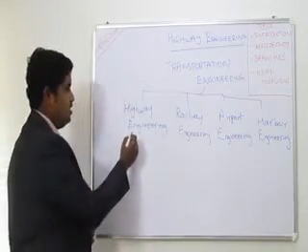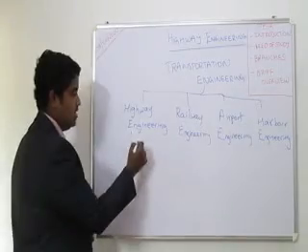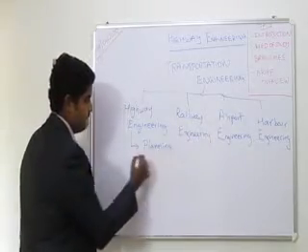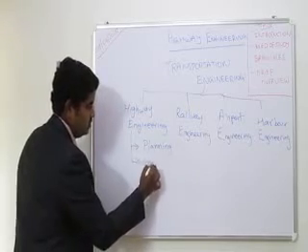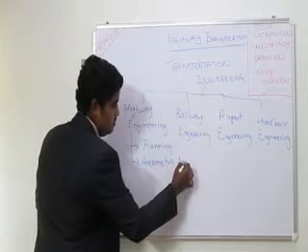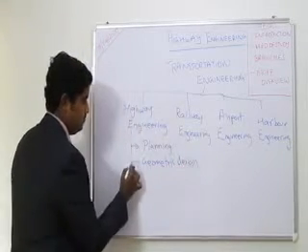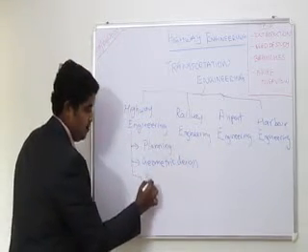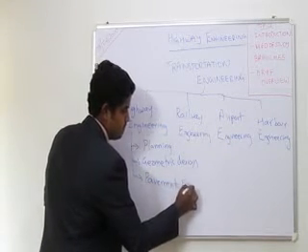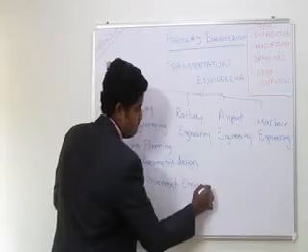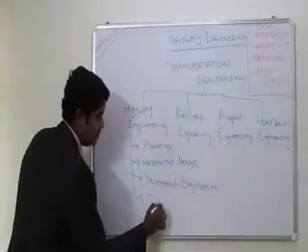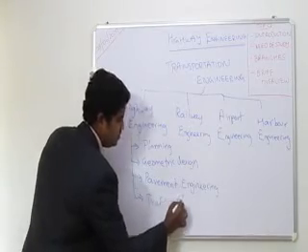So under highway engineering, the various branches can be classified as planning, then geometric design, then pavement engineering, and then the traffic studies or traffic engineering.